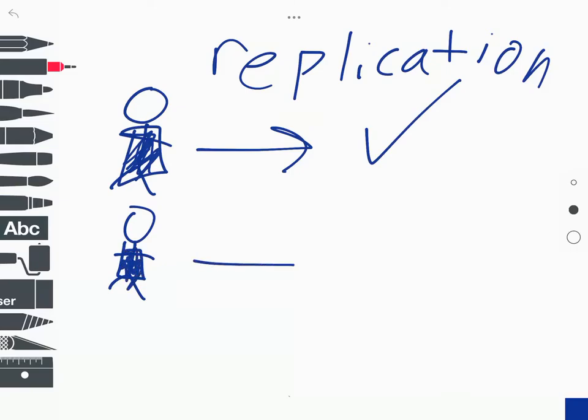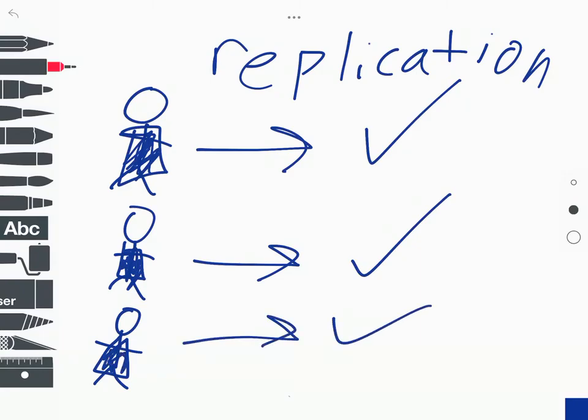So replication is other scientists doing your own experiment, and they want to see that they get the same results as you. So they're just checking your work, basically. Just like you might have your friend check your science project, make sure it's good. Replication is scientists checking each other's work to make sure that they did it correctly.